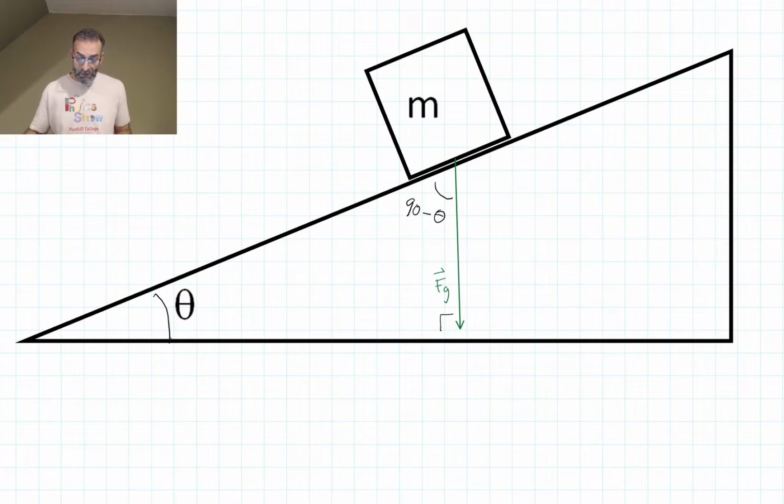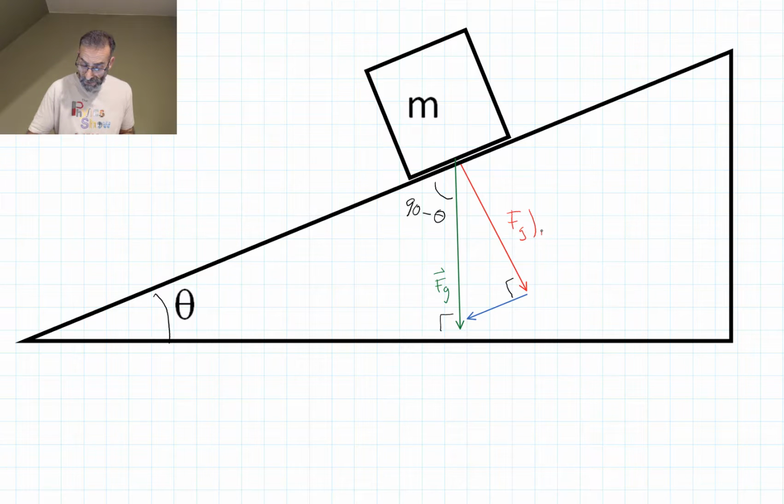We want to break up the force of gravity into two other vectors, one that's perpendicular to the surface and one that's parallel to the surface. So these two form a right angle. The red one we're calling F perpendicular, and the blue one F parallel. So how do we find those components?